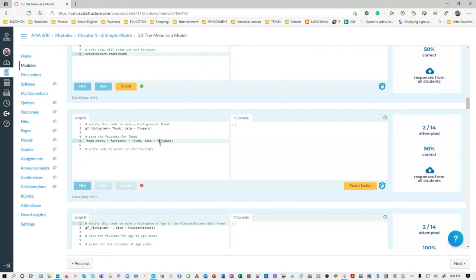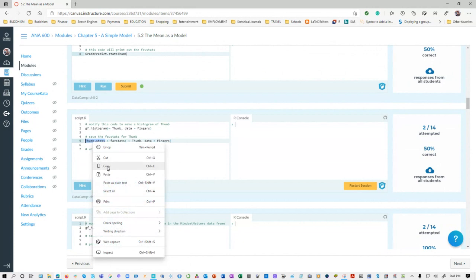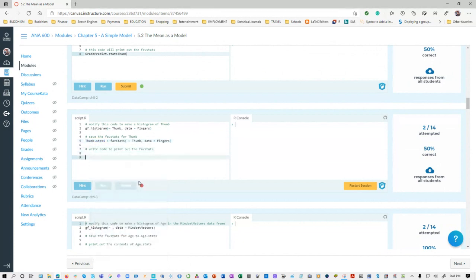The data would be fingers. Okay, then favorite stat given by, we're going to print it. The thumb length.